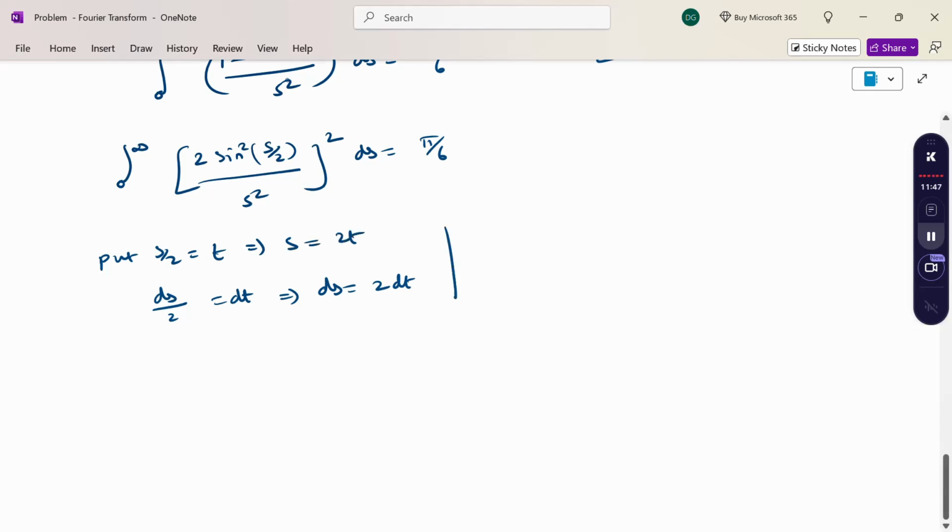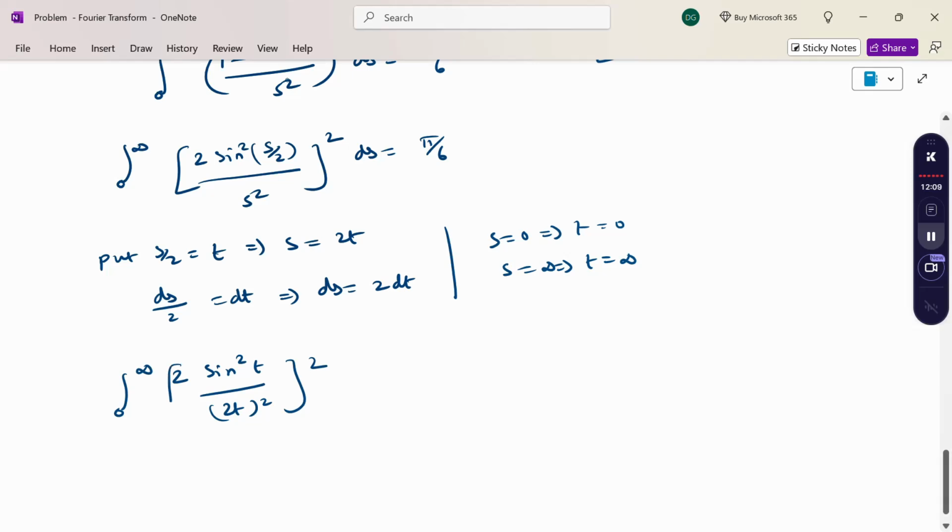The range: when s is 0 then t is 0, and when s is infinity then t is infinity. Changing all the variables from s to t, the integral from 0 to infinity of (2 sin squared t divided by (2t) squared) whole squared, ds is 2 dt, equals pi by 6.